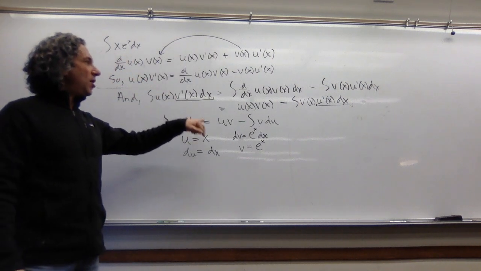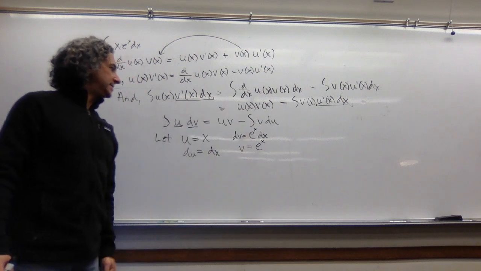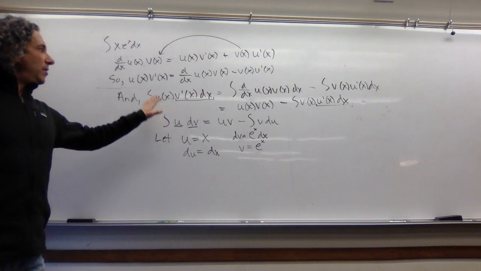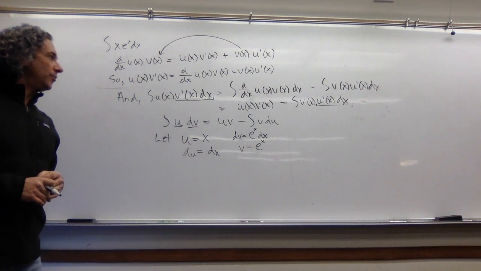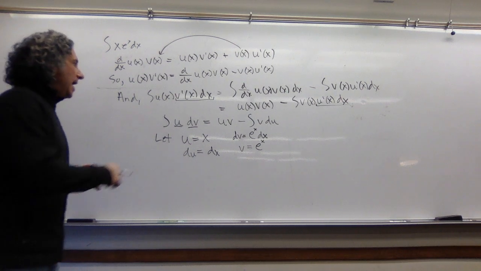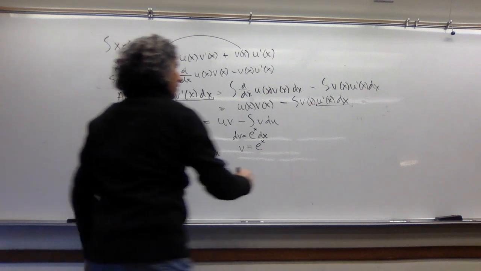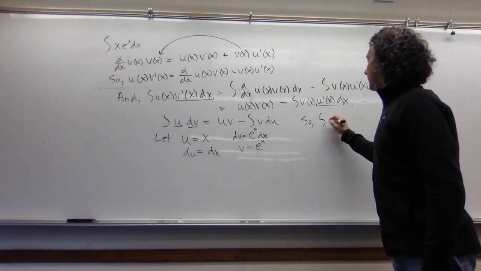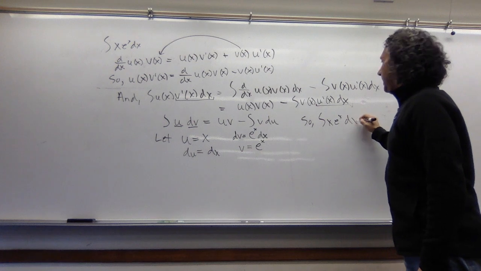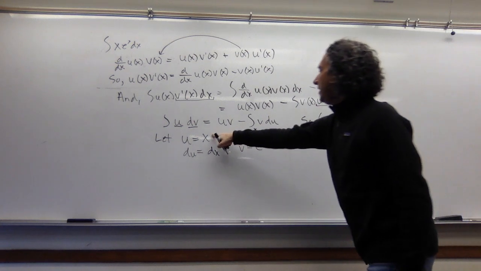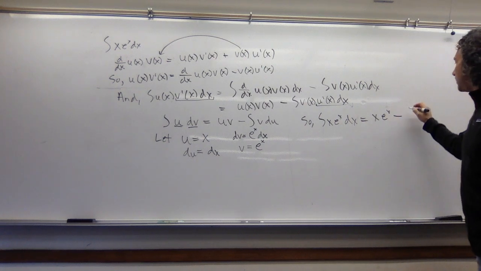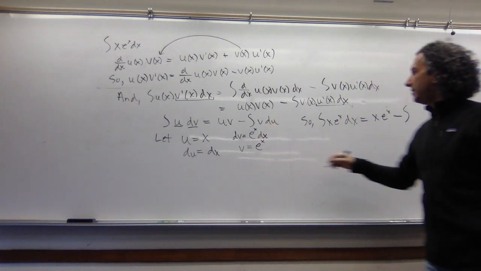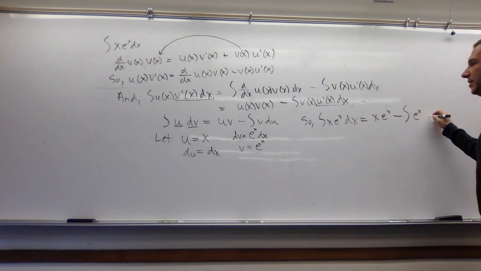So I'm just trying to get all of these pieces that I need on the right-hand side. Well, according to what we did here, which in some sense is a reverse of the product rule, this tells me that this integral, put it over here, is equal to u times v, or x e to the x, minus the integral of v du.